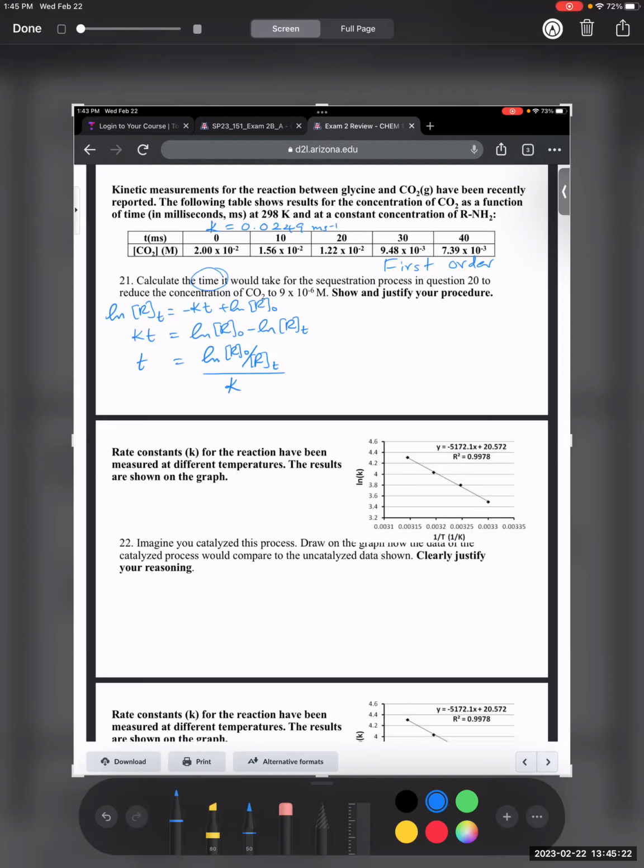Now we just need to plug and chug. So t should be natural log of the initial concentration, 2 times 10 to the power of -2, over 9 times 10 to the power of -6, divided by the rate constant.